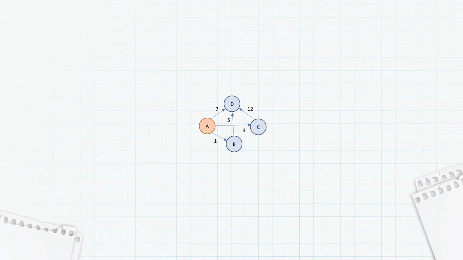There's A to D, which costs a total of 7, A to B to D, which costs a total of 6, or A to C, which costs a total of 15. The obvious answer will be A to B to D. With a total of 6, it has the shortest path among the other paths.